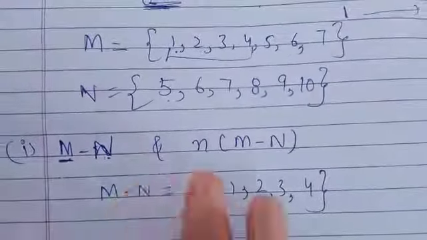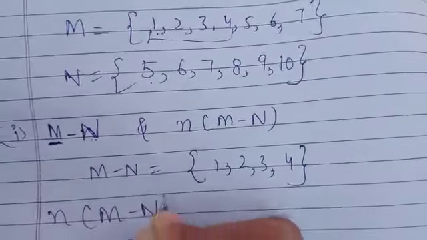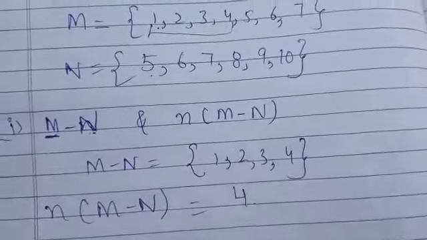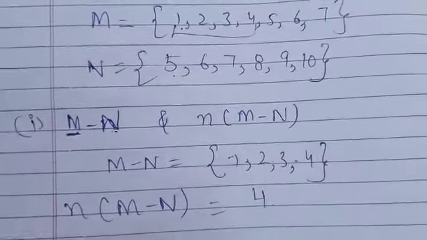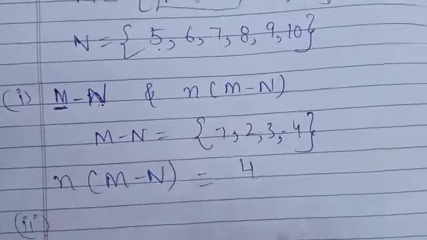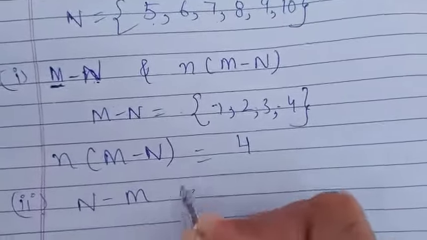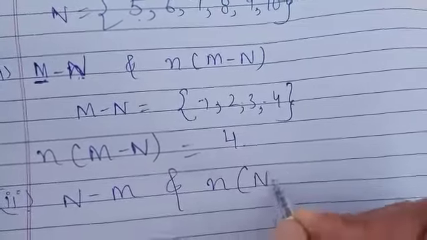Next we have to write its cardinal number also, n of m minus n, that is 4. 1 2 3 4. Okay, second part, we have to find n minus m and write the cardinal number of n minus m also.